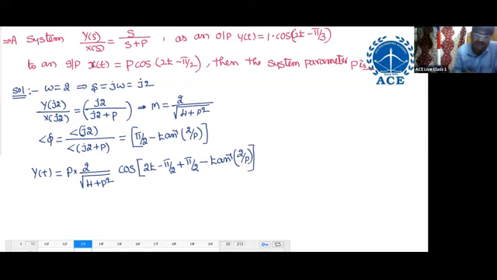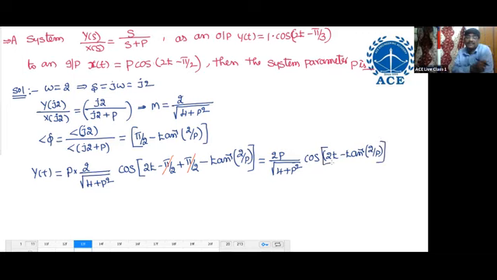Then what happened? This pi by 2 gets cancelled. Then what is left? Y of t equal to 2p by root of 4 plus p square cos of 2t minus tan inverse of 2 by p.